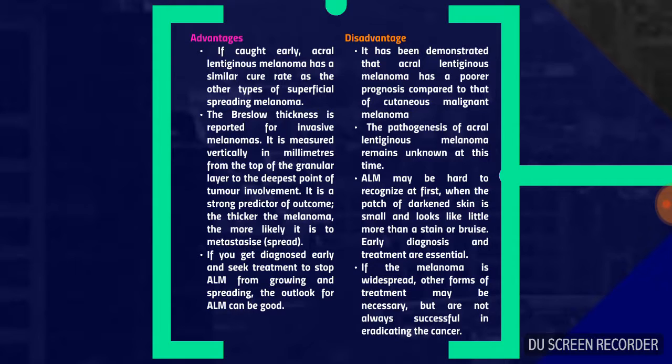It may be hard to recognize at first, when the patch of darkened skin is small and looks like little more than a stain or bruise. Early diagnosis and treatment are essential. If the melanoma is widespread, other forms of treatment may be necessary, but are not always successful in eradicating the cancer.